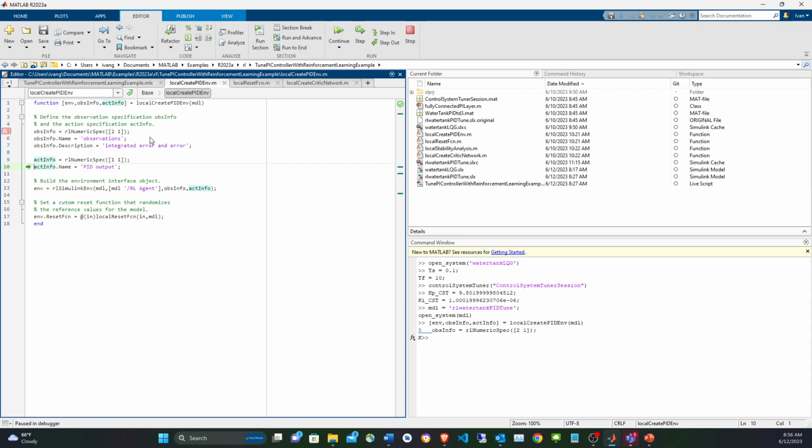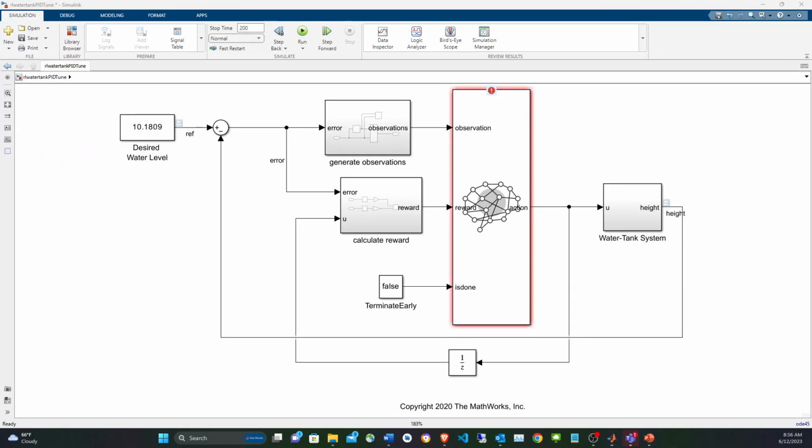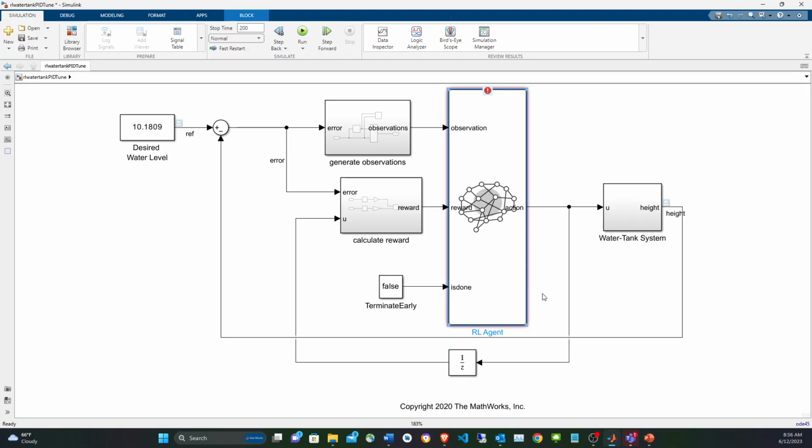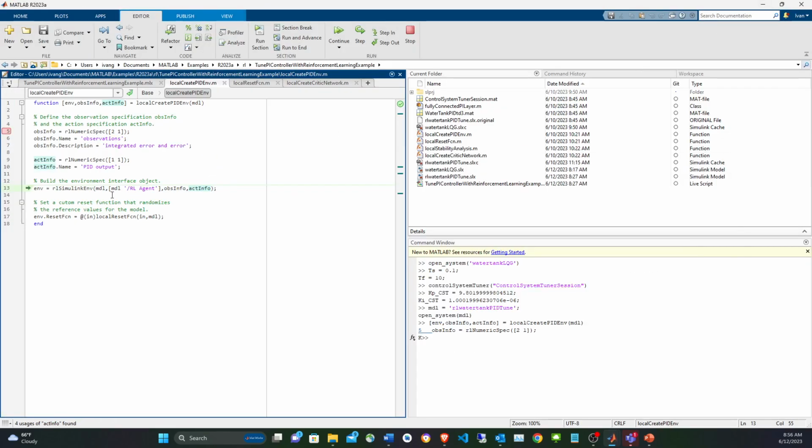Both of them are numerical specs, and then given the observation, the action, and pointing to the block, whose name is RL Agent within the model, we specify the path to the block, and we have the environment based on Simulink.